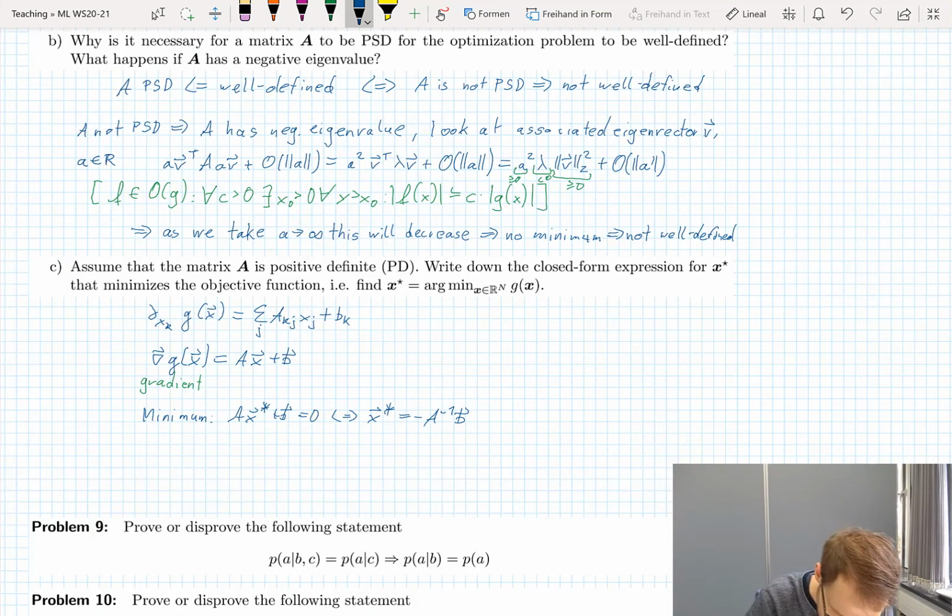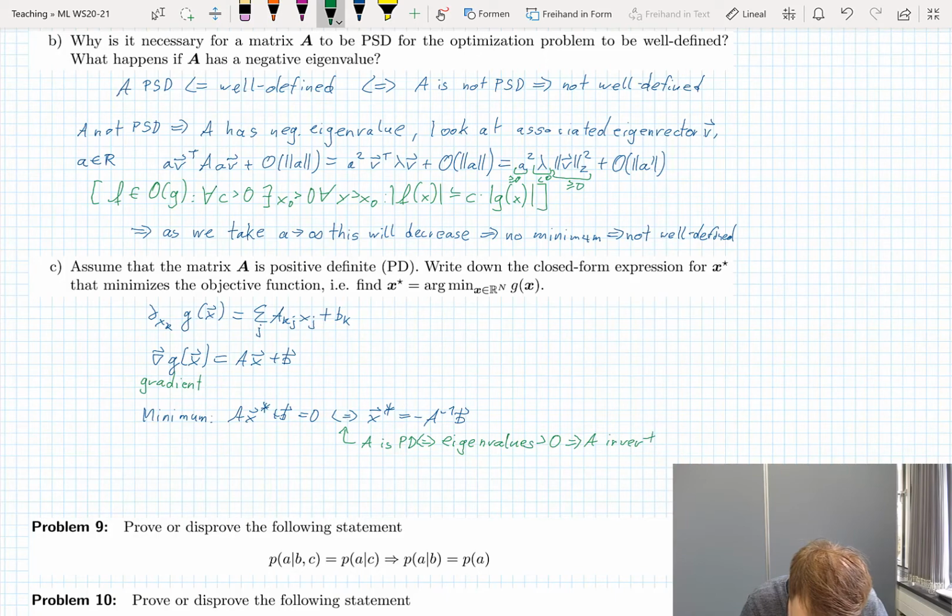We know that we can do this because A is positive definite. So that means that the eigenvalues, I mean actually this is equivalent, eigenvalues are strictly greater than 0, and this leads to A invertible, because we have no 0 eigenvalues. And therefore we can directly solve this.